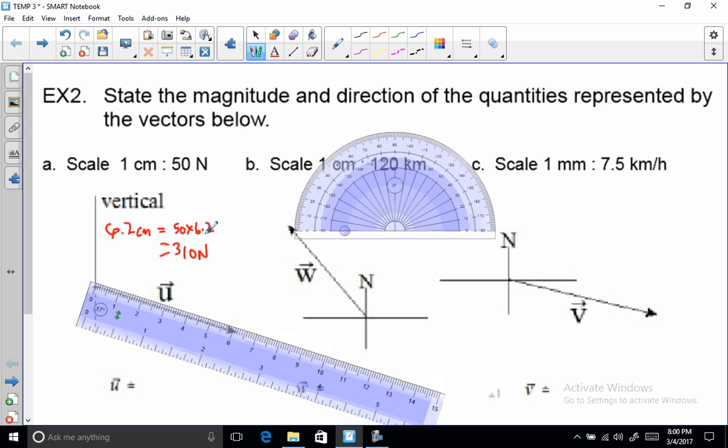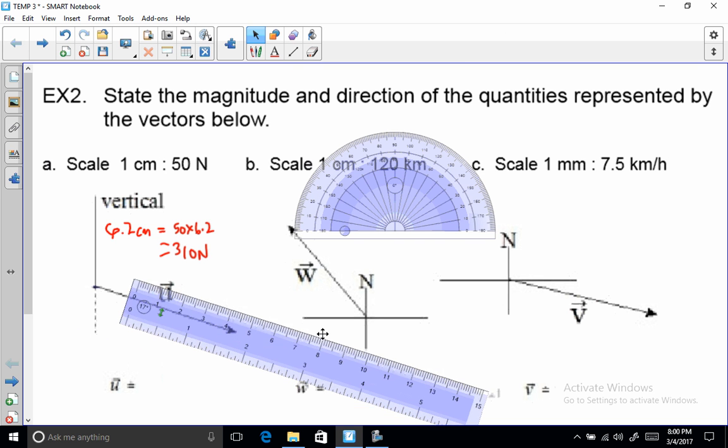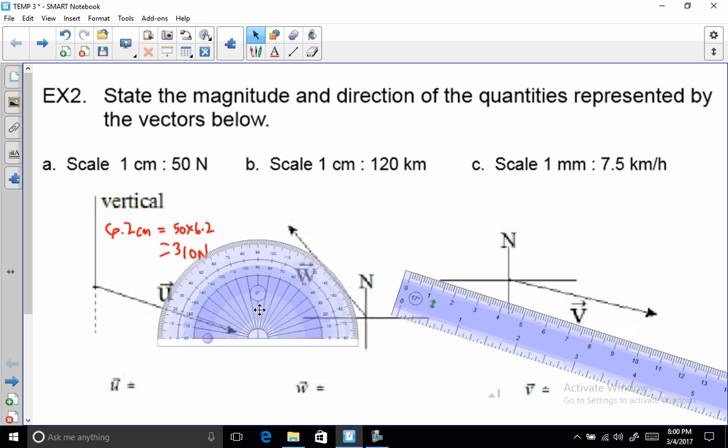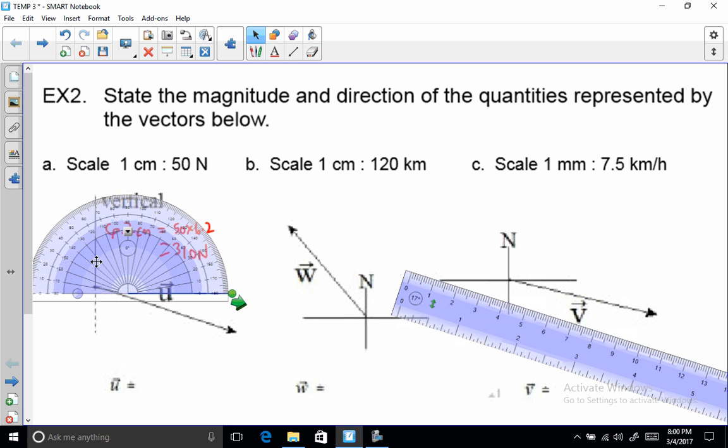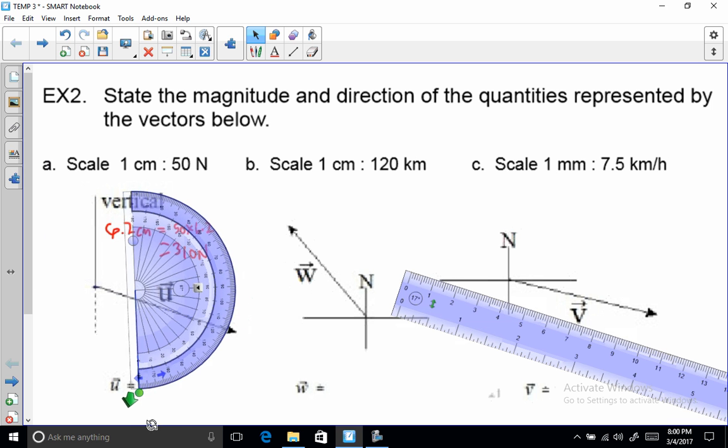And then notice I have to also measure the angle. So I'm going to move this aside and measure the angle. Now this one's a little bit strange because this is one of our bearings or headings that we studied, and this one's from the vertical, or sometimes from up, we would say. And I need to sort of move this around so I can use this protractor.